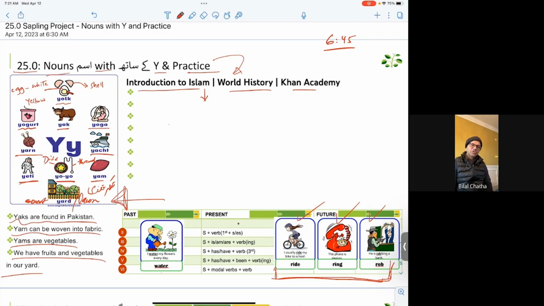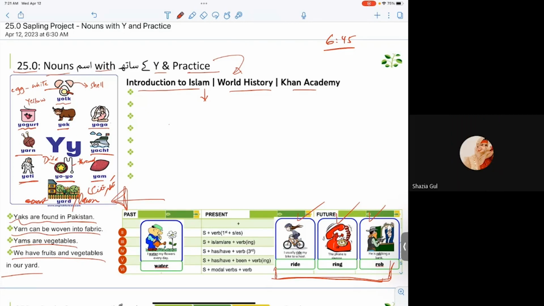So let me ask you another question. How many years ago did Islam come? Islam came 1400 years ago. Okay. How many years ago Christianity come? Christianity came 22,000 100 years ago. 22,000 or 2,000?